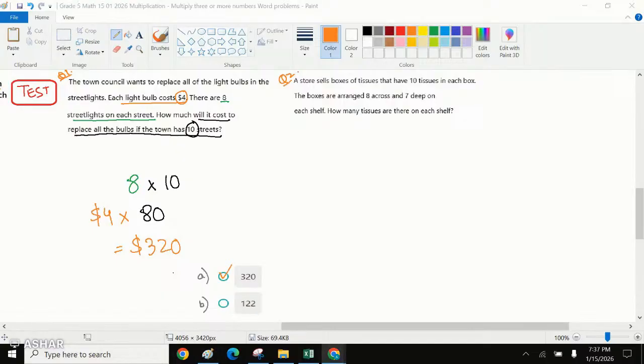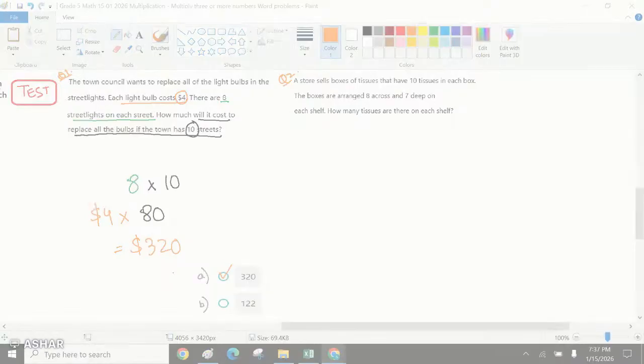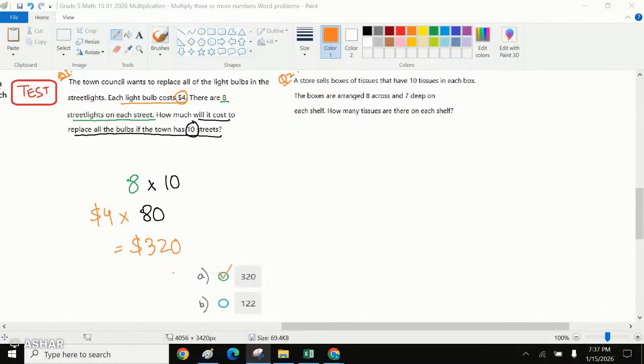And the options that are given to us are 600 and 560. Is it readable? It says 10 tissues in each box. Then boxes are arranged 8 across 7 deep. What they're asking is how many tissues are there on each shelf?